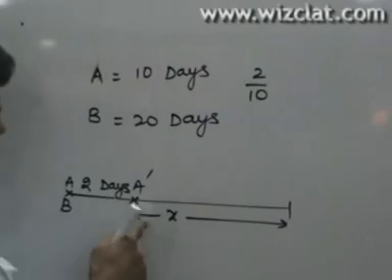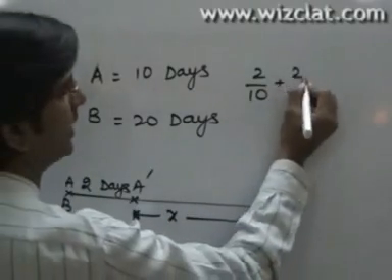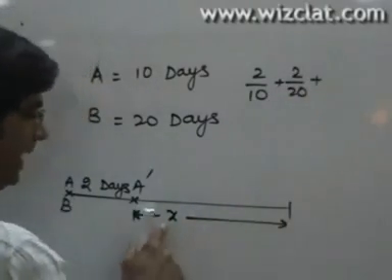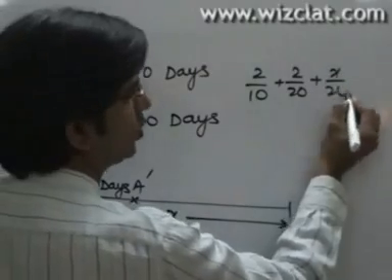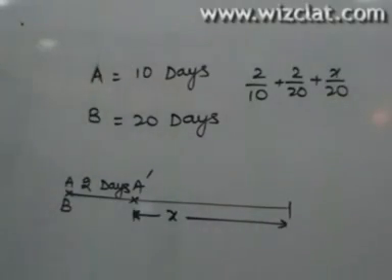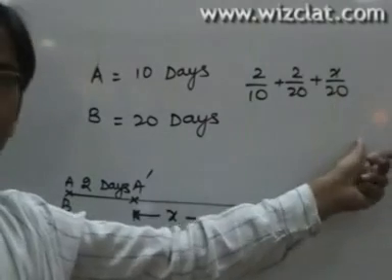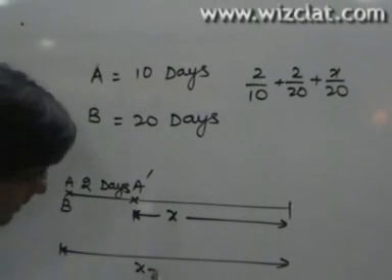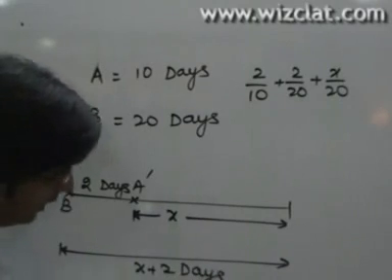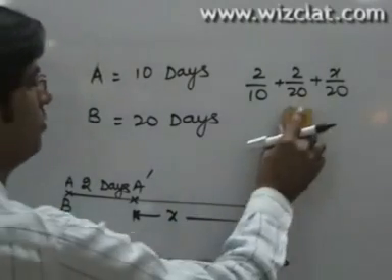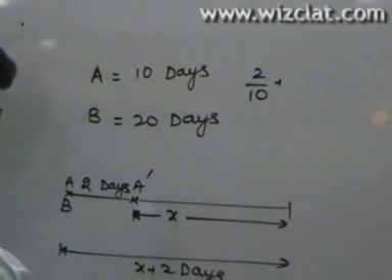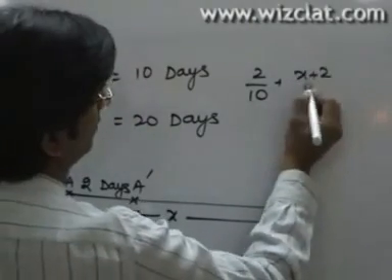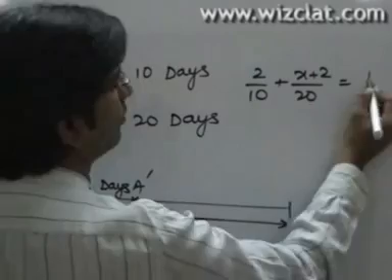Since B worked for X plus 2 days, the total amount of work done by B will be X plus 2 by 20, and together they did one work.